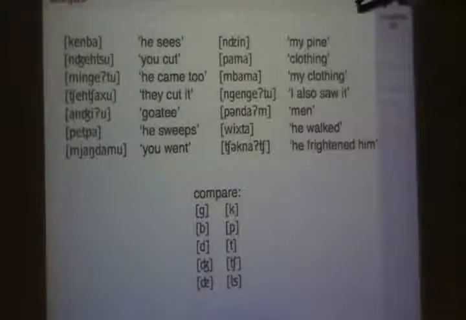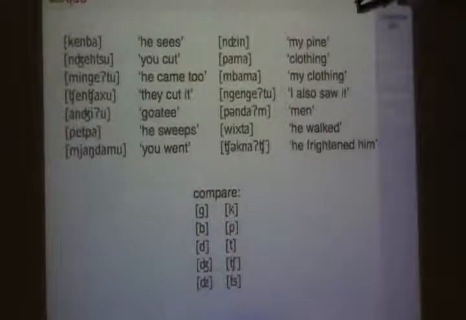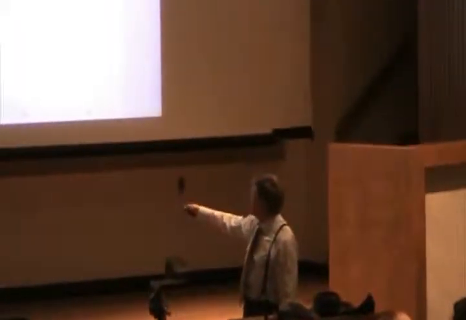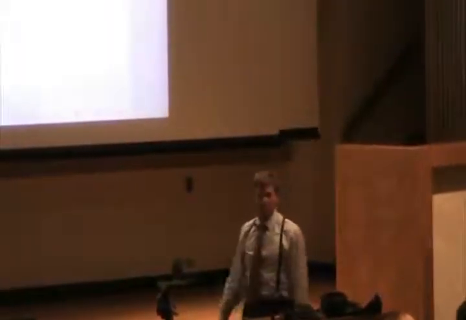So, question: are all of these pairs drawn from different phonemes? So, is ga a different phoneme from ka, ba from pa, and so on? Or, in Zokwe, is there a rule that converts these guys to these guys, or the other way around?